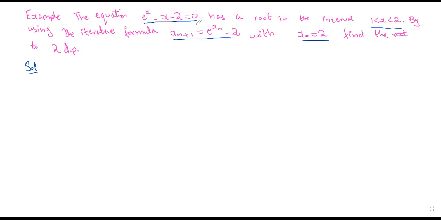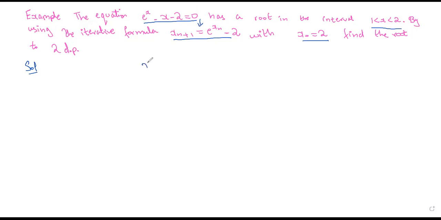So can you tell me how they got this iterative formula? The first step, they brought x to the other side, so x will be positive, and you get e to the power x minus 2. Very good.